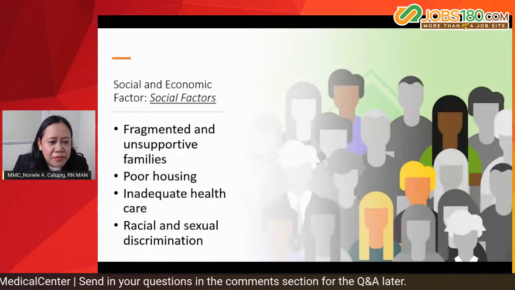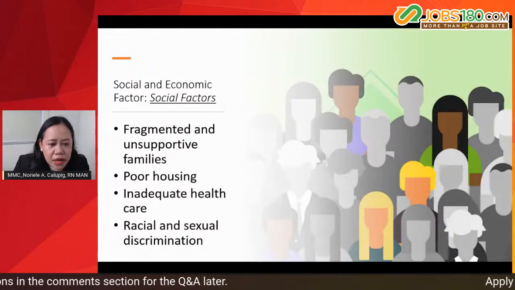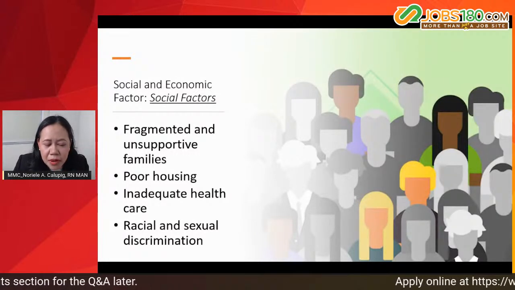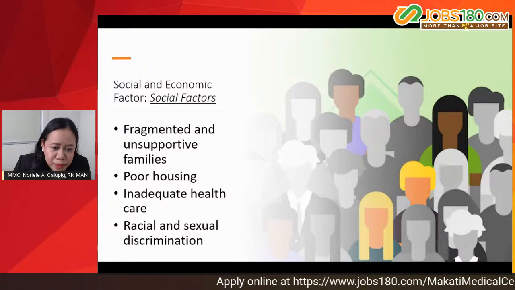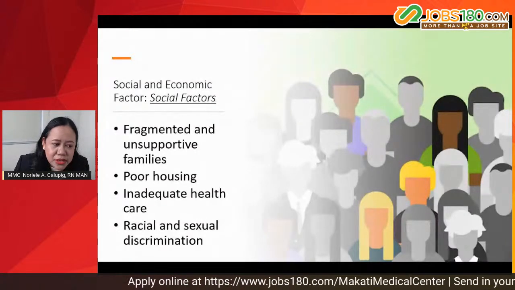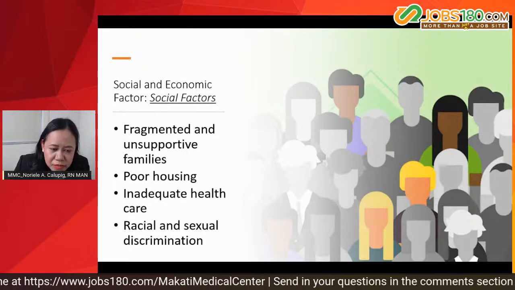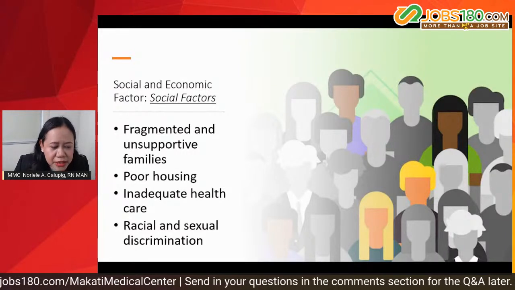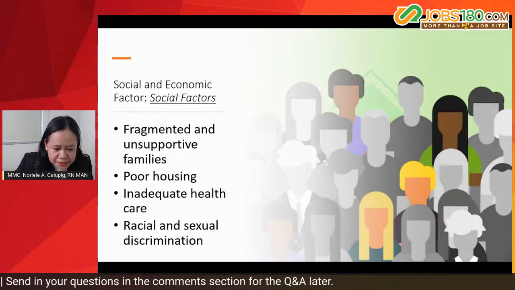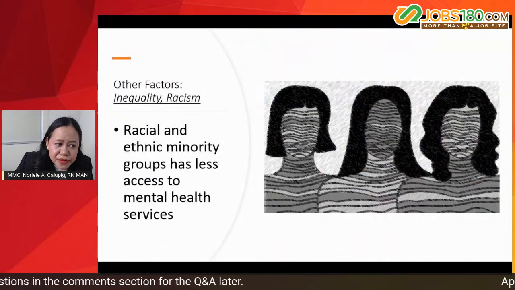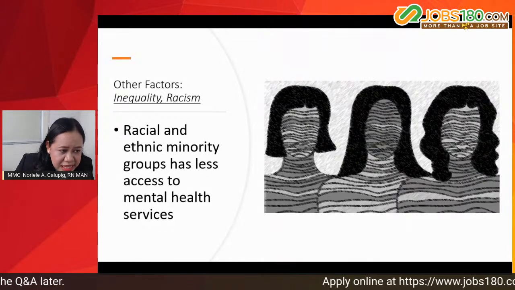May mga dysfunctional family functions, may mga kulang sa mga support system, not able to identify kung sino yung mga proper or mga taong dapat sumuporta. And then, poor din yung housing, kasama din dyan, and then inadequate yung mga health insurance, health support, and then ito yung mga racial and sexual discriminations. And also for the other factors, included na dito yung mga inequality.